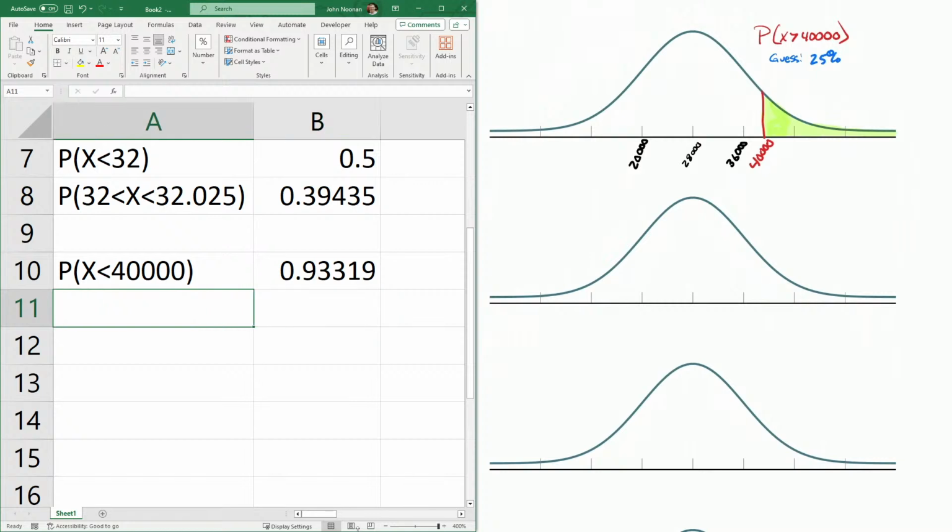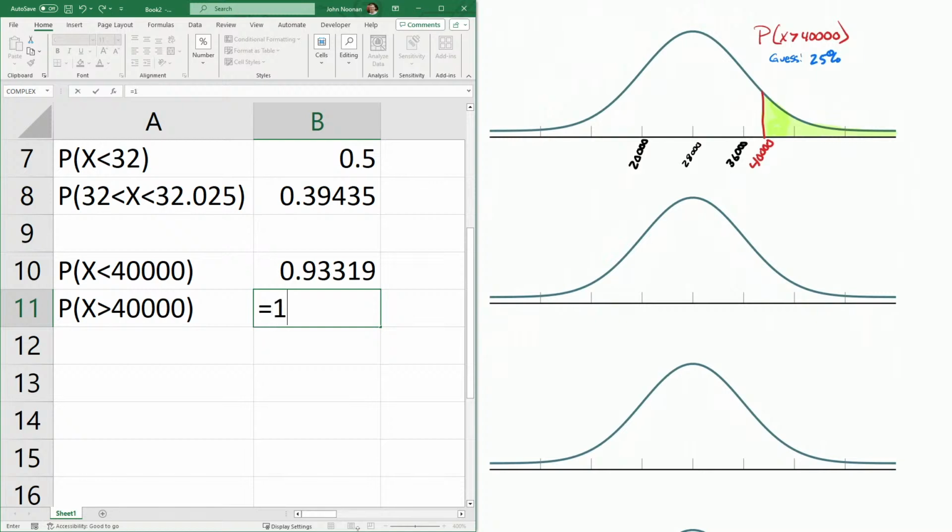But we knew that this would be the case because Excel computes areas to the left. So what I need to do is just subtract from 100%. So this is equal to 1 minus this previous answer, and that gives me about 6 points. So actually we were both off by a bit, but that's okay.